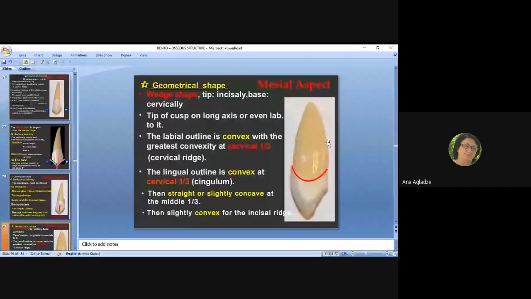developmental groove. There is mesial aspect and one third. Root tapers and has developmental grooves on its surface.